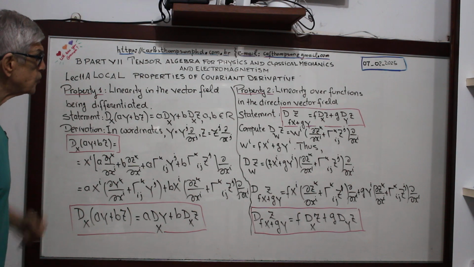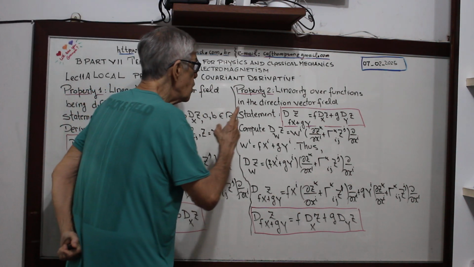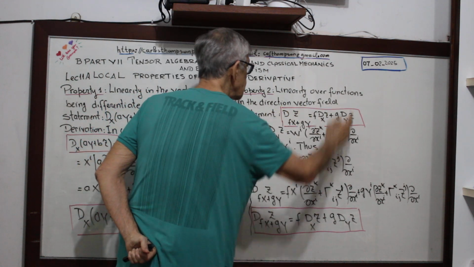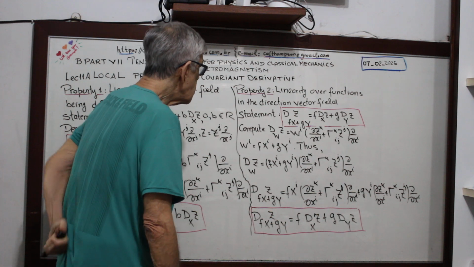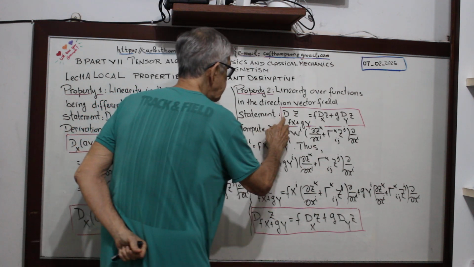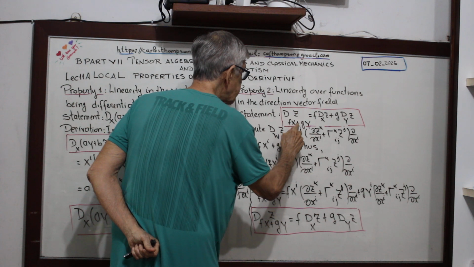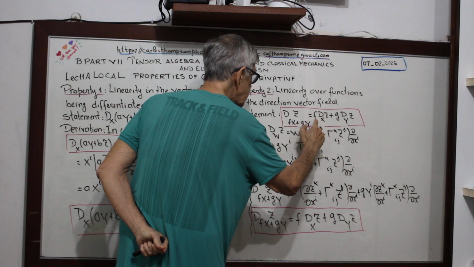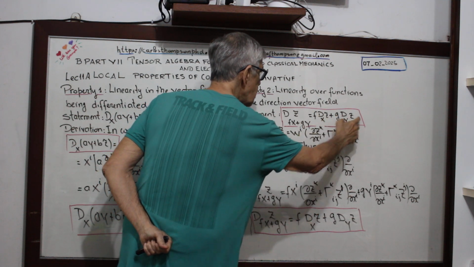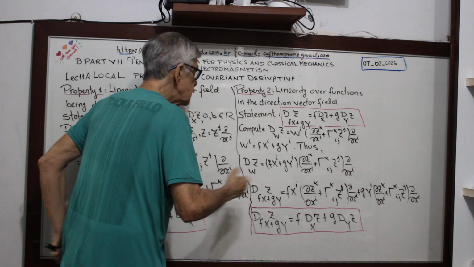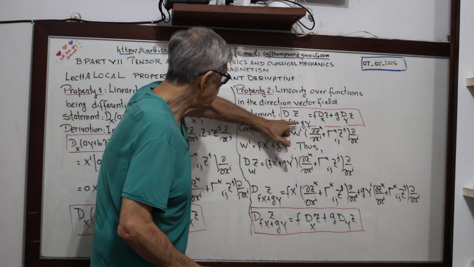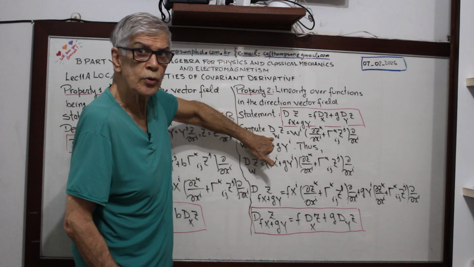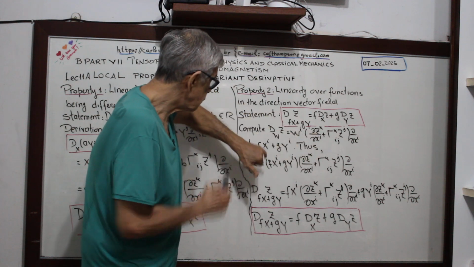Now property number 2 is linearity over functions, in this case in the direction of the vector field. The statement is D_Z(fX + gY), and I want to show that it equals f D_X Z plus g D_Y Z. I call the sum fX plus gY capital W and apply the definition over here.